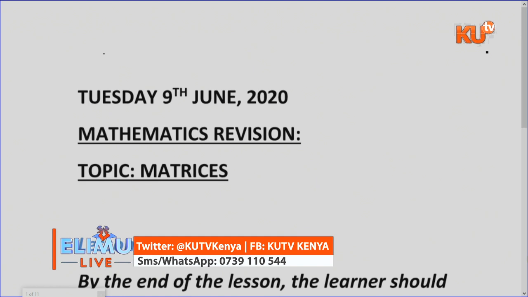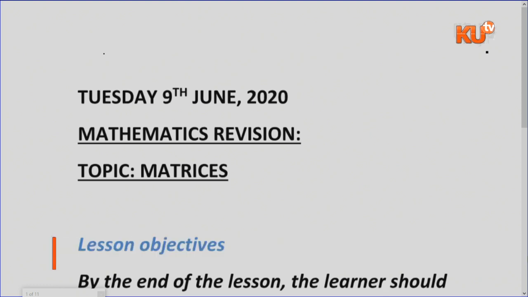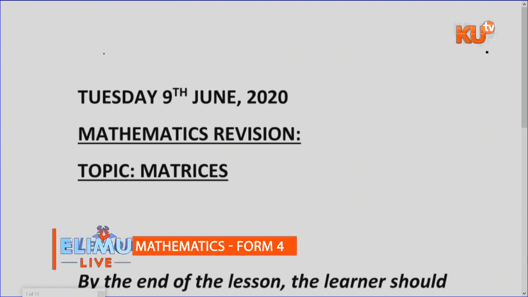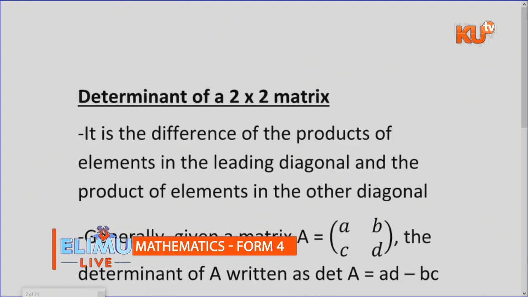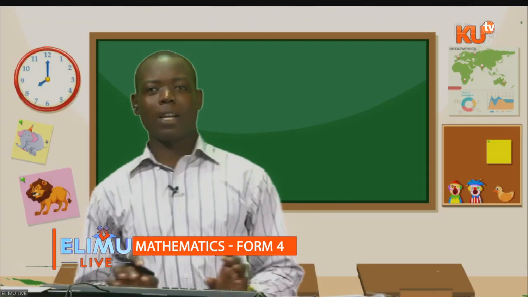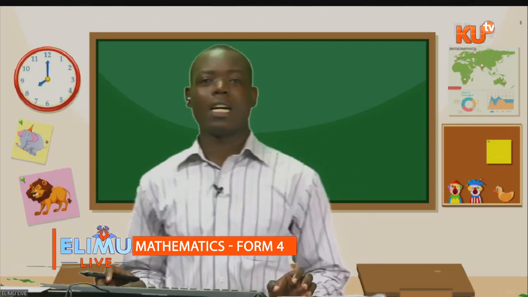We will look at the inverse of a 2 by 2 matrix, and then look at singular matrices, and then finally we'll look at solutions of simultaneous linear equations using matrices.